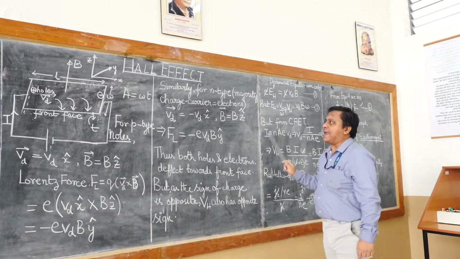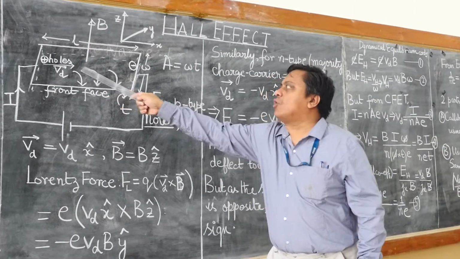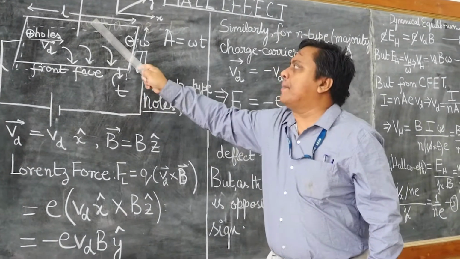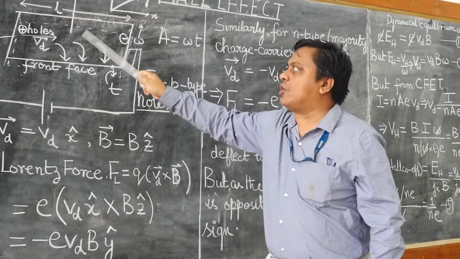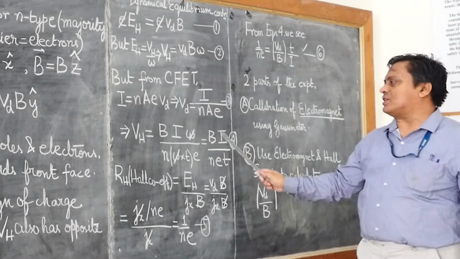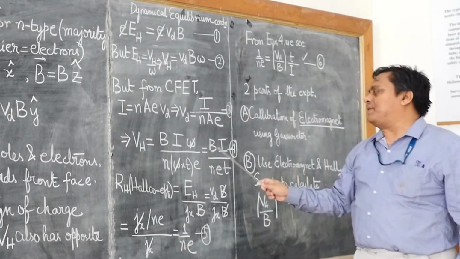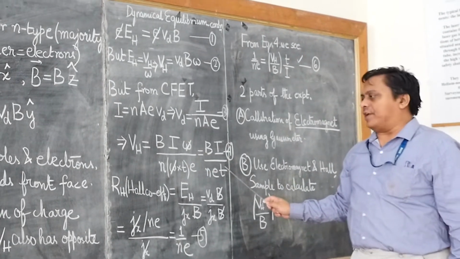In this case, A is nothing but W times T, because the electrons or holes will be moving along this direction, and you will see the area perpendicular to the direction, which is W times T. So the rectangular cross section is W times T. If I substitute all those expressions, I will land up with this equation, which I call equation 4, that VH is VI by NET. This is a very important equation for the Hall effect.